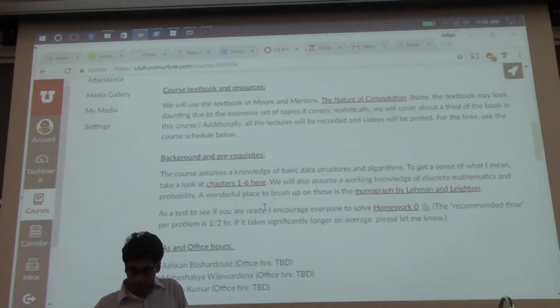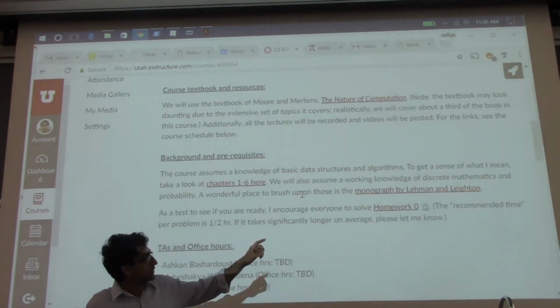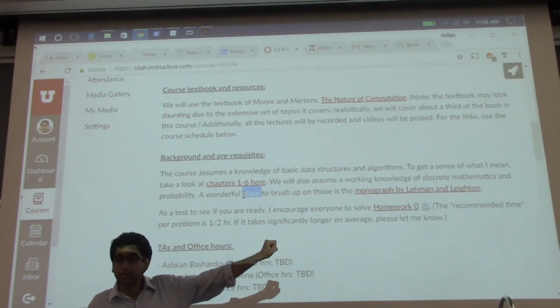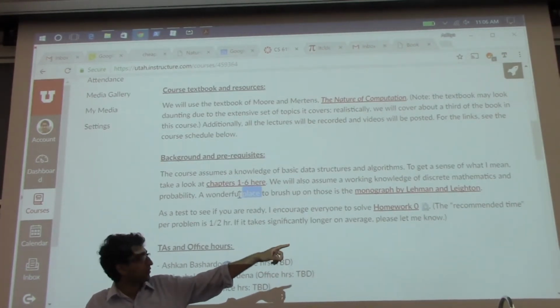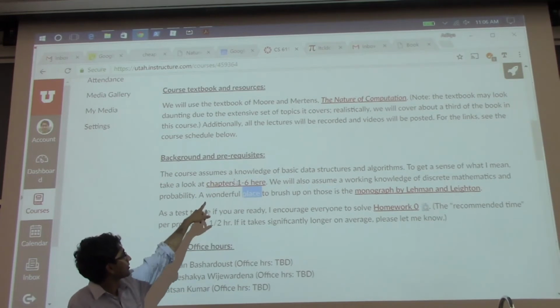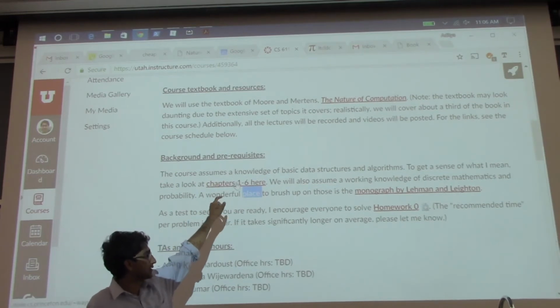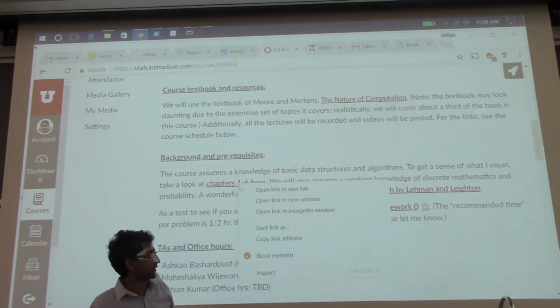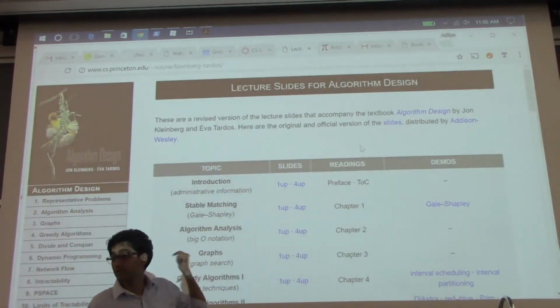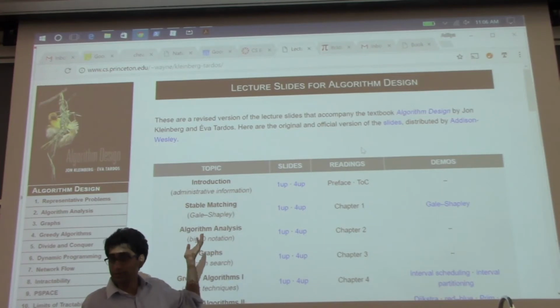Okay, and the other thing I wanted to mention is that if you think you need to brush up on prerequisites, I've put a couple of links here. This is a basic textbook on algorithms, the one by Kleinberg and Tardos. And these are links to slides for this textbook.